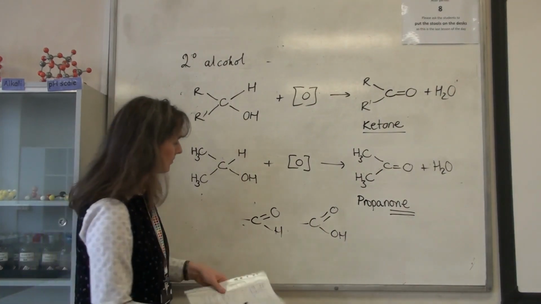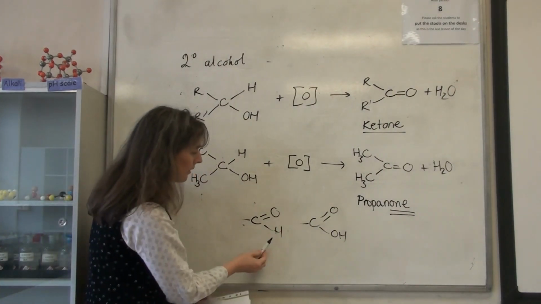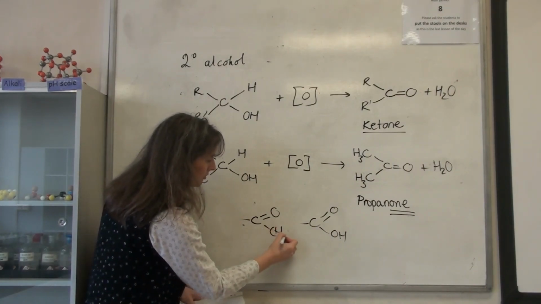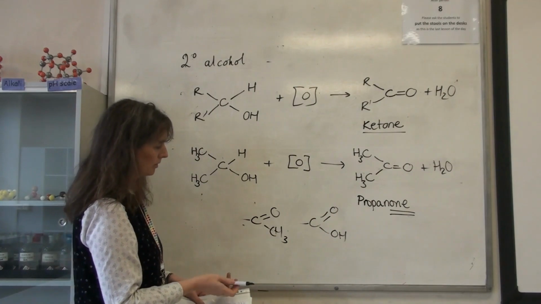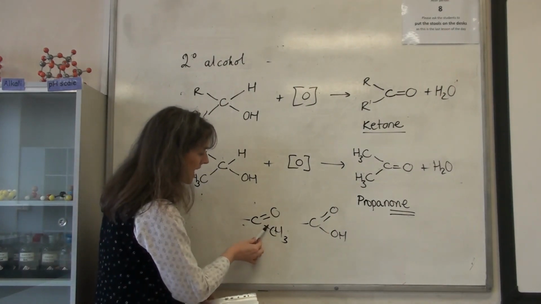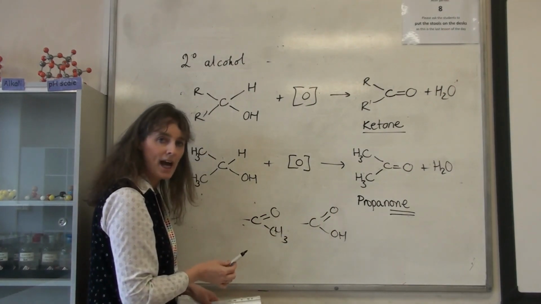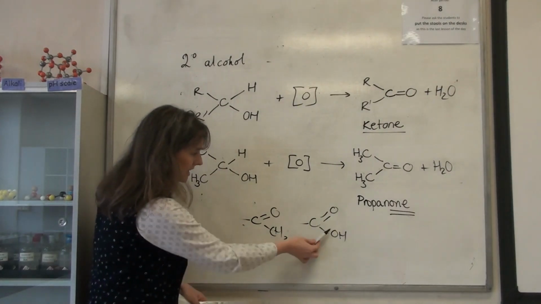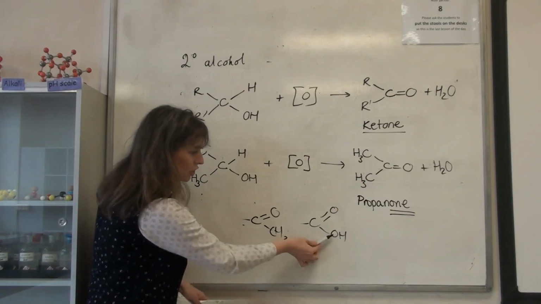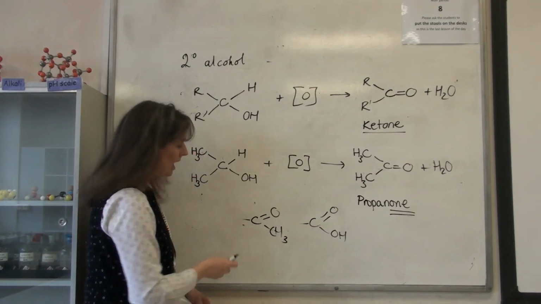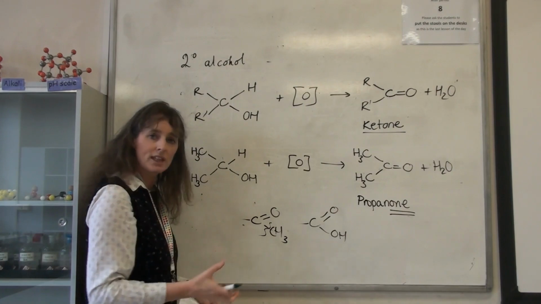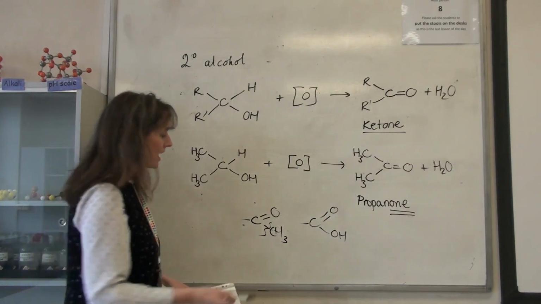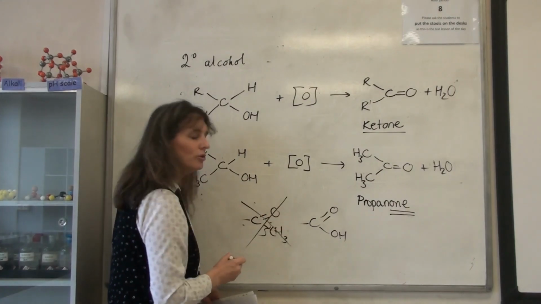Now here, for a ketone, we've actually got another R group. Let's put in a CH3, for example. If I were going to turn that into something like a carboxylic acid and try and add in more oxygen, you'd actually need to use this bond to join that OH. And that would involve the breaking of that bond, and that bond is really strong. So that is not going to break. And that is why ketones do not further oxidise.